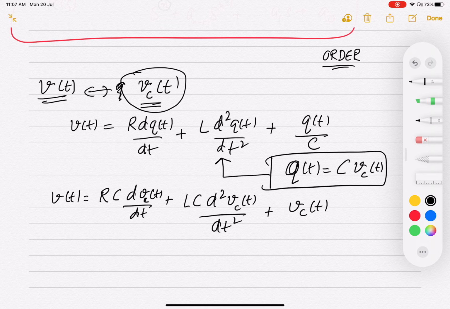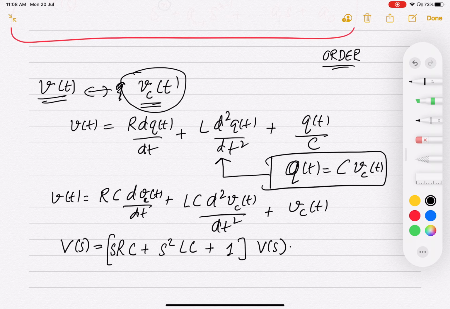So you can take the Laplace transform on both sides and get Vs is equal to (RCS plus S square LC plus 1) times VCs.